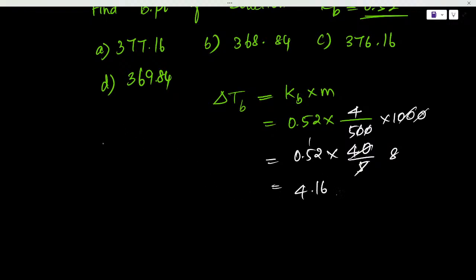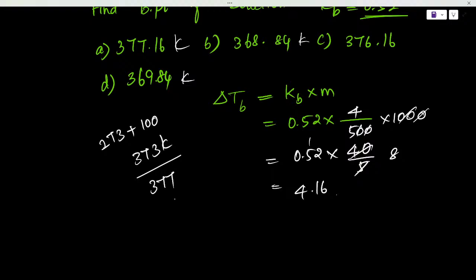So the boiling point of water is 273 plus 100, which will become 373 Kelvin, right. So these values are in Kelvin, by the way. Plus 4, it will become 377, more than 377 it must be. So the answer will become 377.16. Okay, option A. Then moving on to the next question.